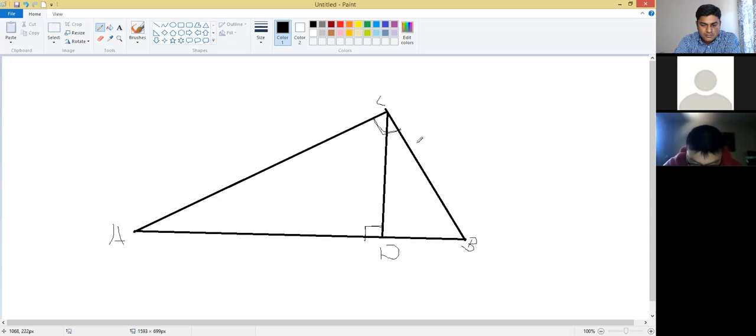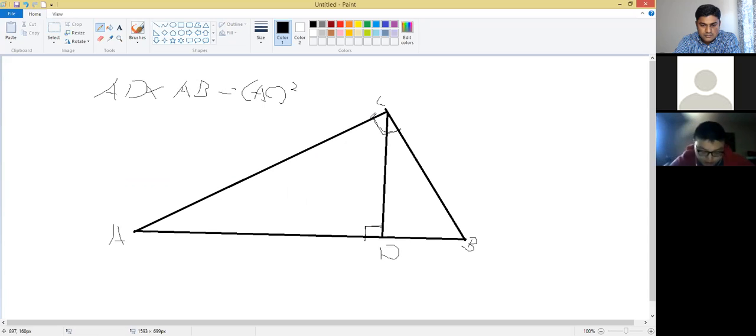So given triangle ABC, BC is parallel to AC and CD is like perpendicular to AB. So prove that AD times AB equal to AC squared. So prove AD times AB equal to AC squared.